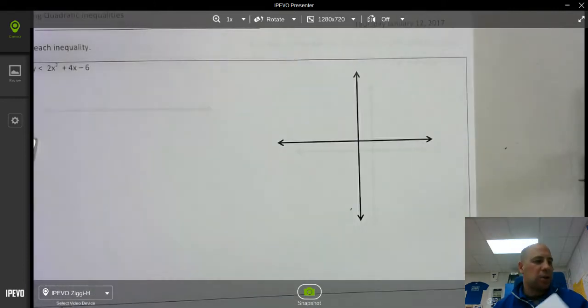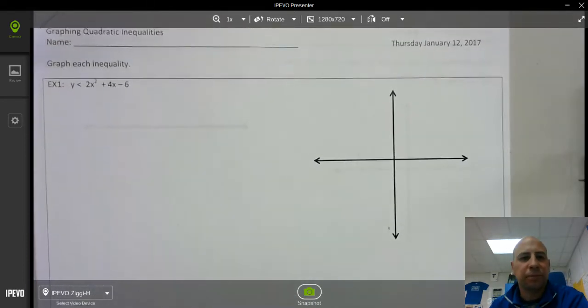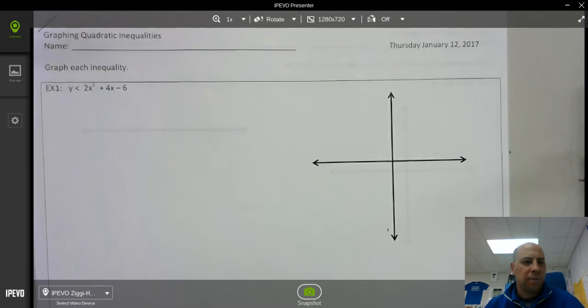All right, now that your notes and table of contents are updated, let's look at the examples. Example 1. So step 1, graph the parabola using the X-intercepts and the vertex. So what you have to do is you can either factor, complete the square, or use the quadratic formula to find the X-intercepts.